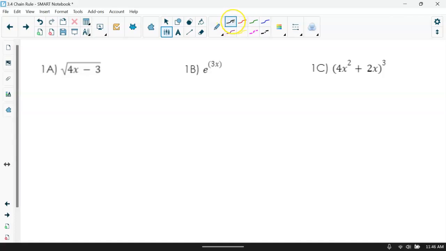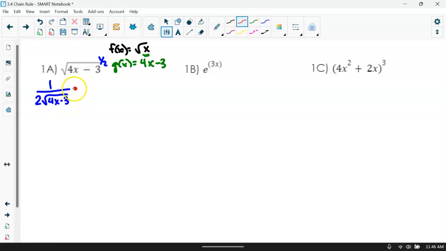And here we go. Let's make sure we identify here the outside function is the square root of x, because what is x in this case? The inside, 4x minus 3. So here we have, remember, this is to the 1/2 power, bring down. So this is 1 over 2 times square root of not just x, 4x minus 3.